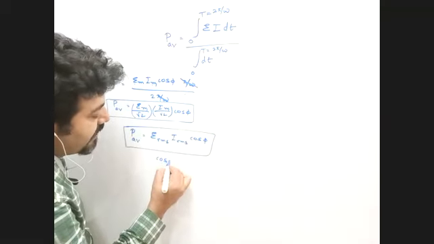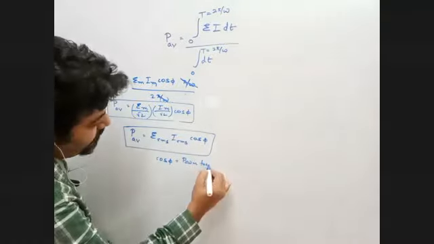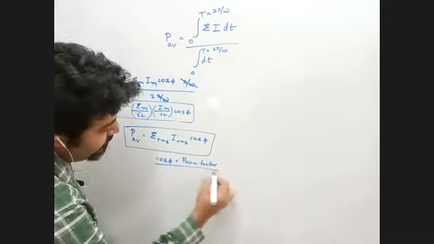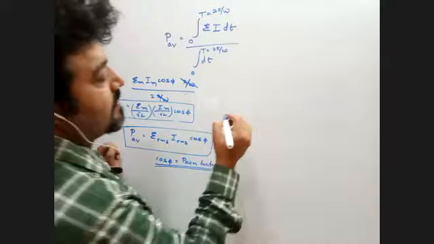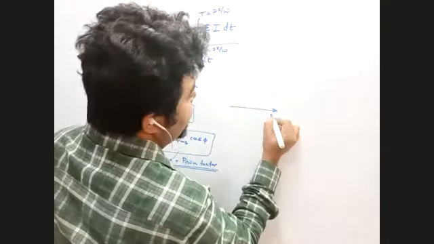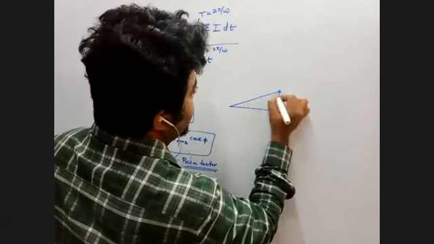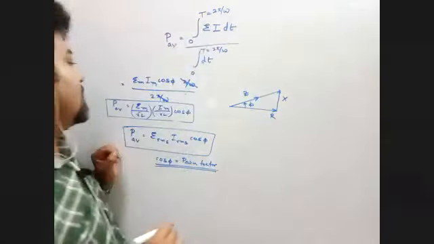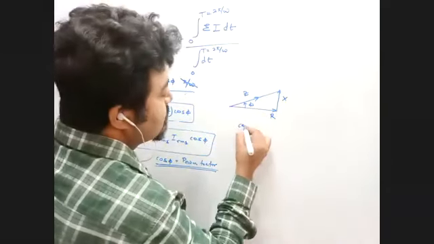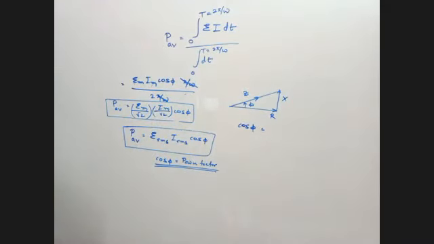And cos phi is called the power factor. What is the value of this power factor? From the AC triangle, we know this is R, this is X, this is Z, and this angle is phi. So what is the definition of cos phi? Anyone tell me? What do you mean by cos phi?